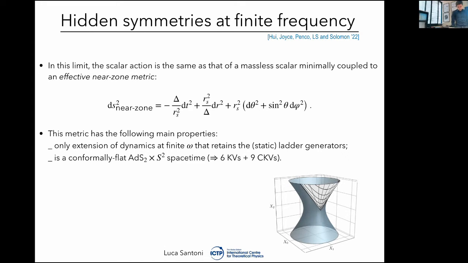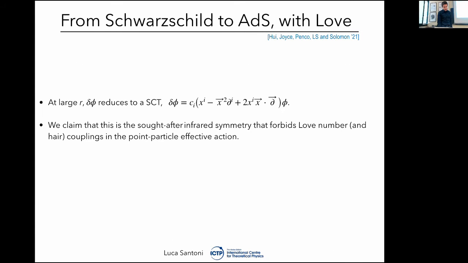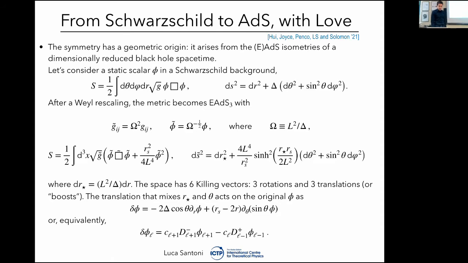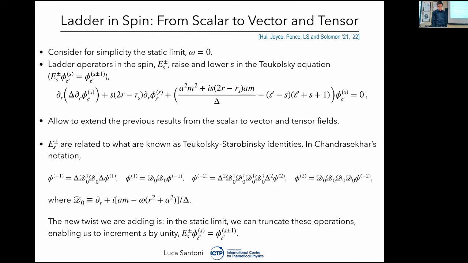Yeah, that's a good question. What we do for spin 2 is a little bit indirect, in the sense that we infer the properties for spin 1 and spin 2 using these ladder operators.